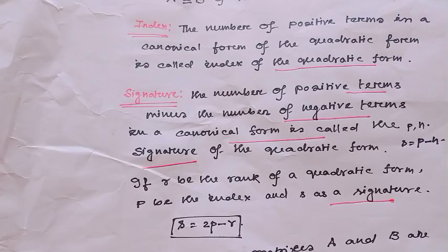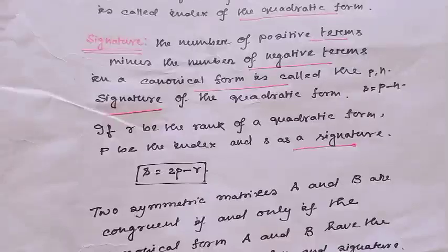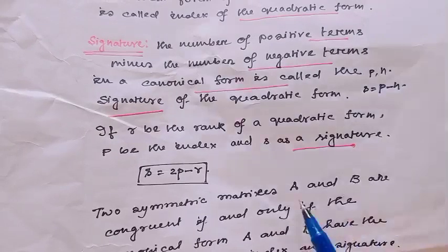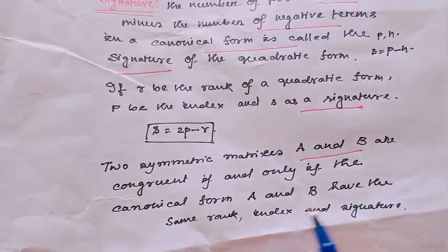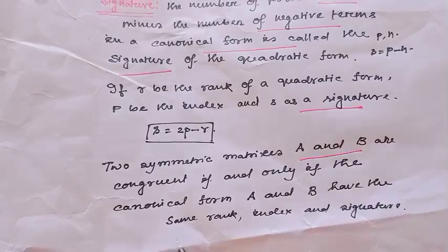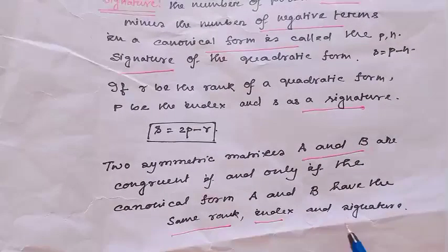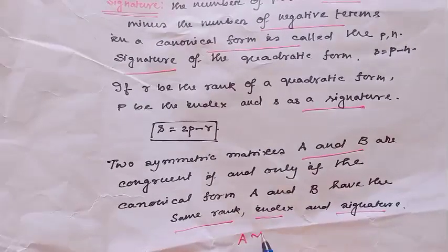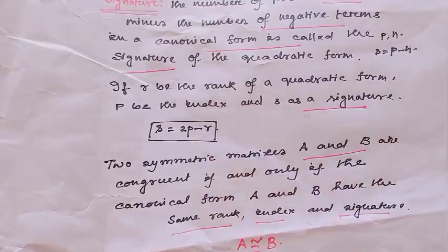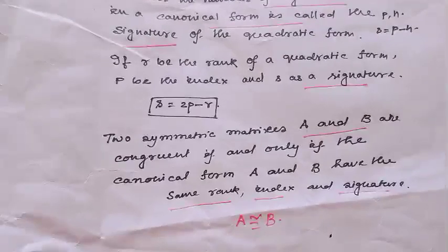Then S equals 2P minus R. And two symmetric matrices A and B are congruent if and only if the canonical forms of A and B have the same rank, index and signature. Then we can tell two matrices A and B are congruent to each other if they have the same rank, same index and signature.